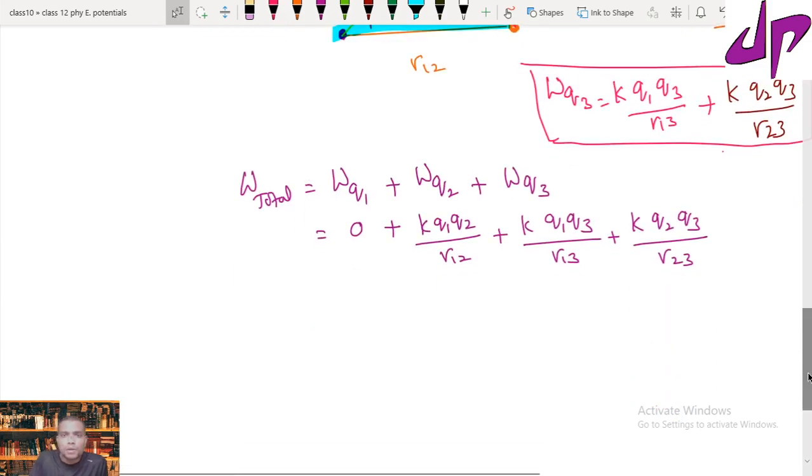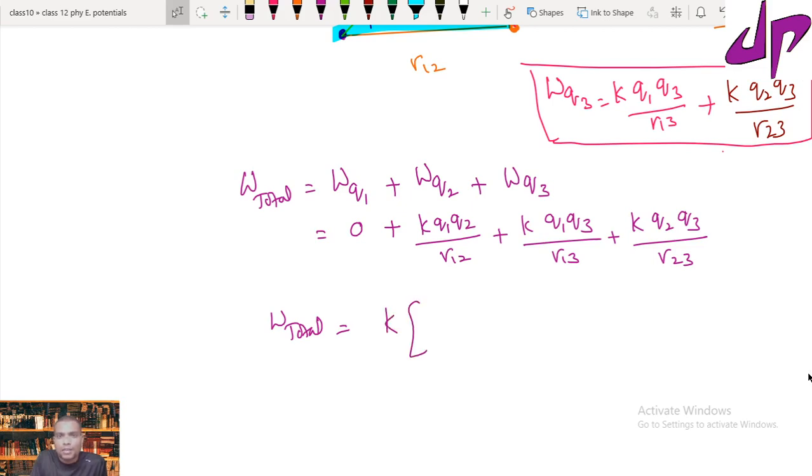Now we can sum up and pull out the similar terms. The total work equals K times q1 q2 upon r12 plus q1 q3 upon r13 plus q2 q3 upon r23.